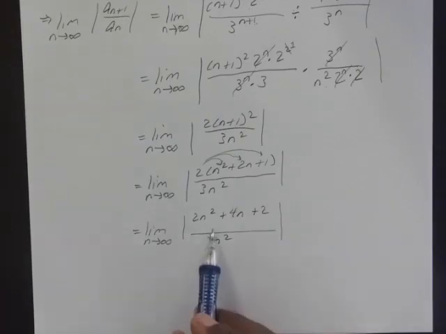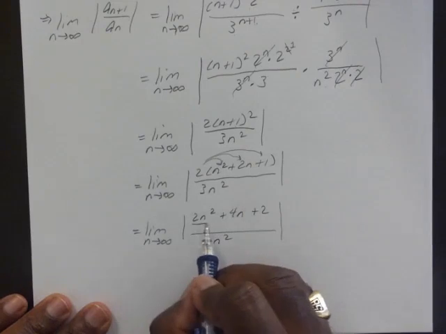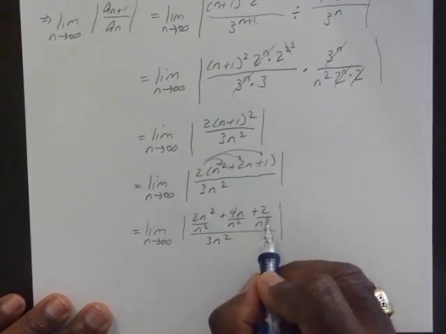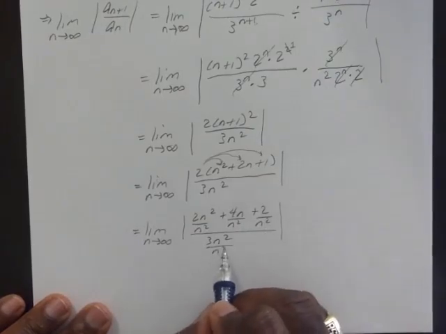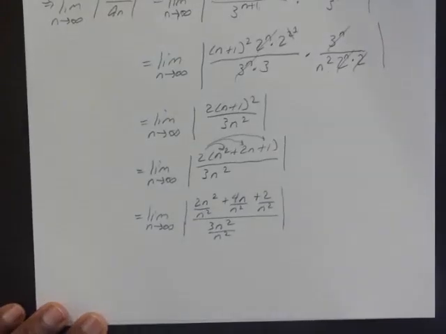Okay, so we're going to divide each term by n squared. So divide each term by n squared, which allows us to simplify this. Or you can multiply by 1 over n squared in the numerator and denominator. Which, same thing.